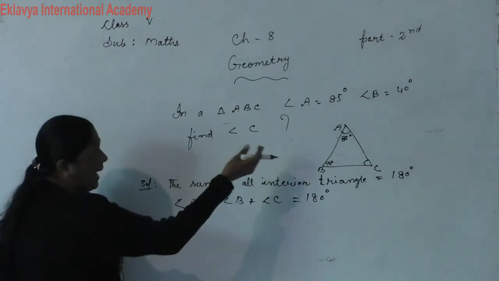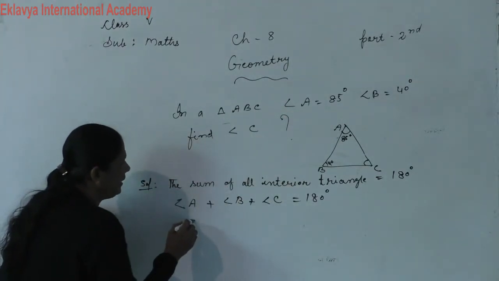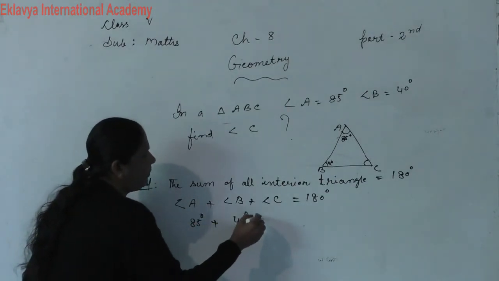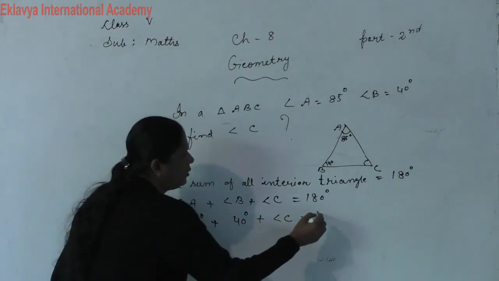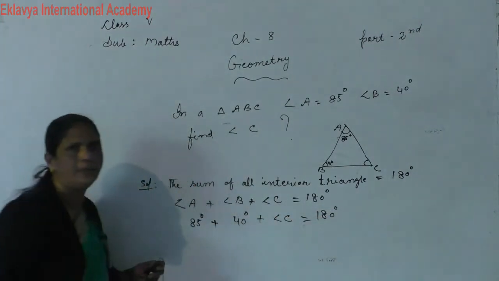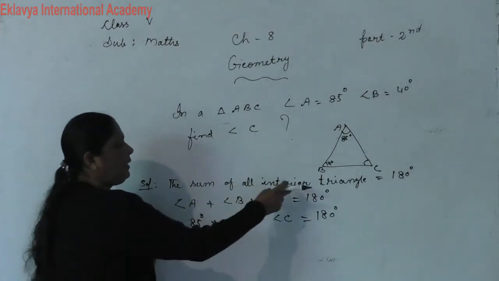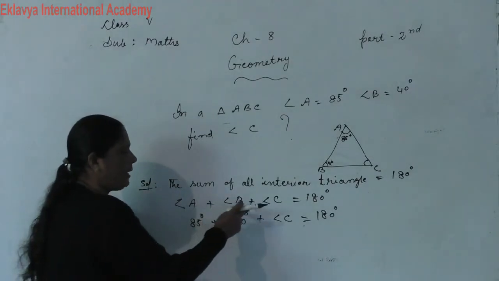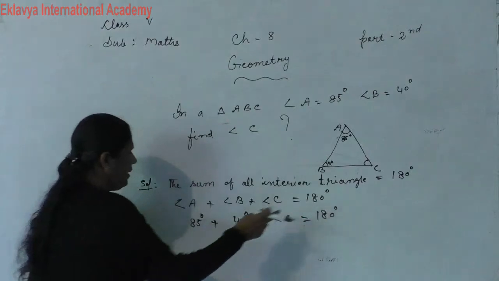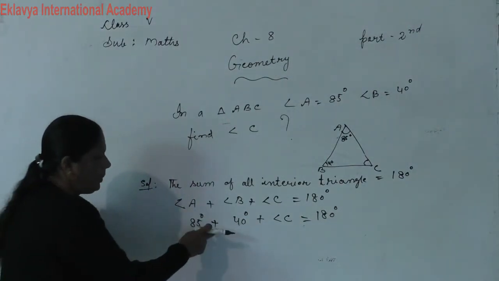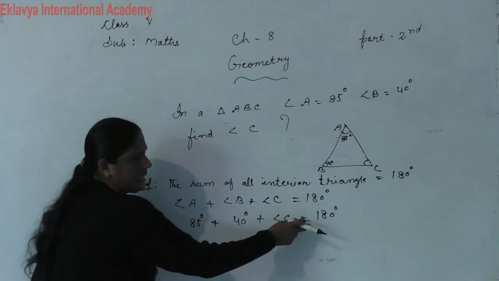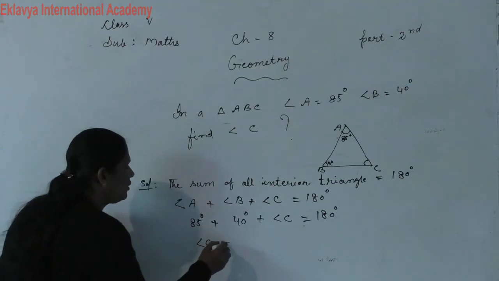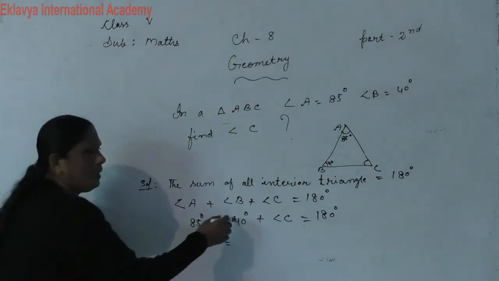Then angle A is given here. So 85 degrees plus 40 degrees plus angle C is equal to 180 degrees.